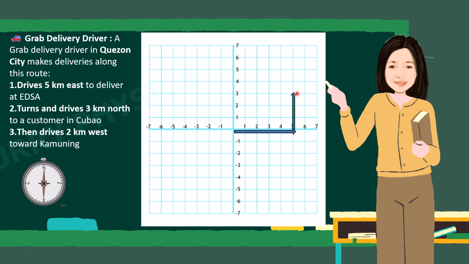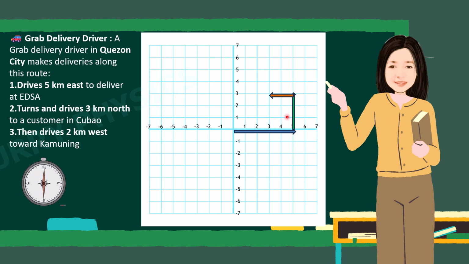And this endpoint here is Cubao. From Cubao, the driver moves 2 kilometers west. West is to the left, and since it is 2 kilometers, we will be using 2 squares. So this will be the third direction of the driver.